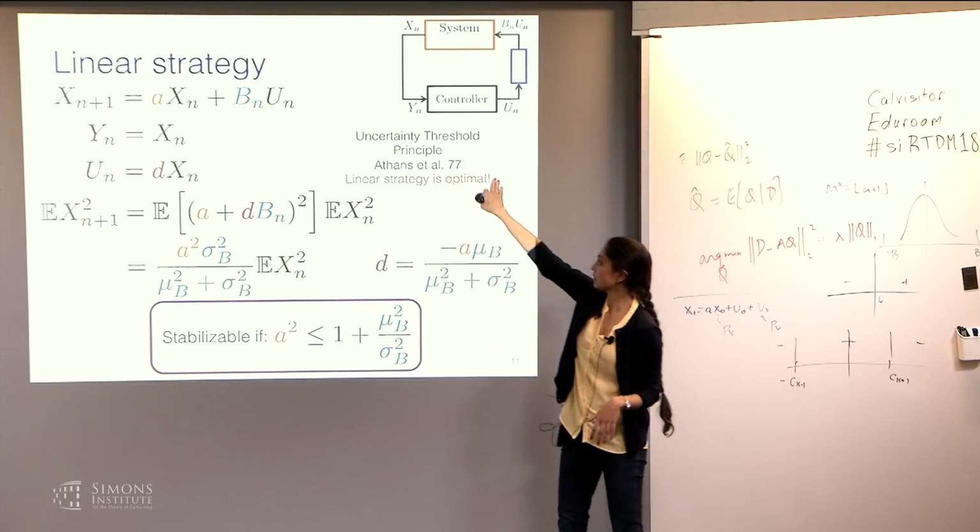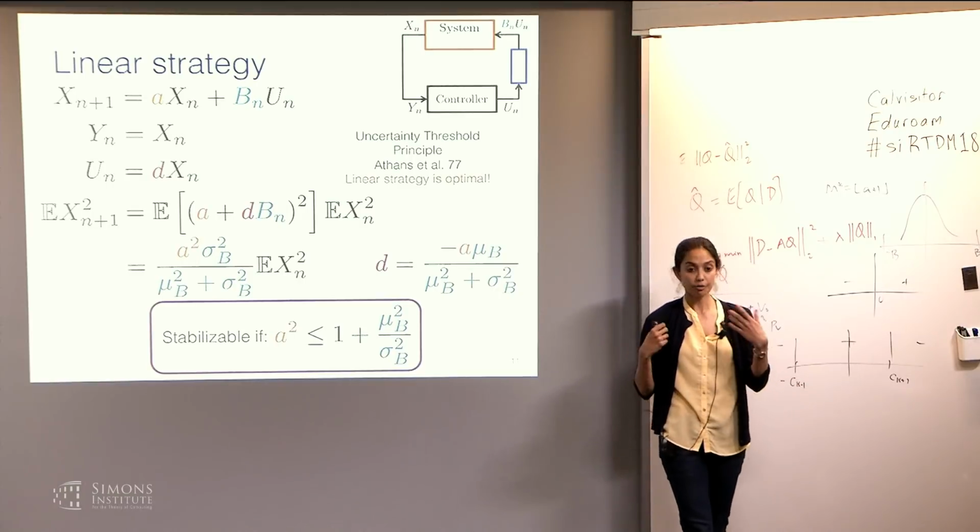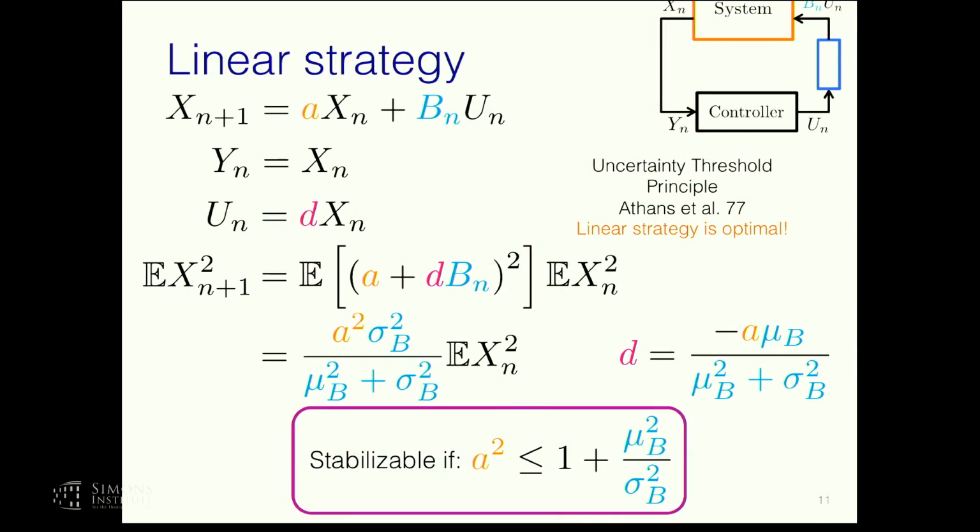This is exactly the condition that was found by Athens and co-authors. Furthermore, they used a simple dynamic programming argument to show that this is actually the exactly optimal strategy for this problem.